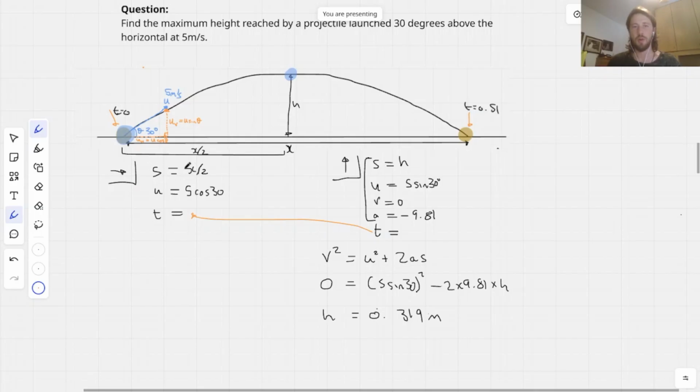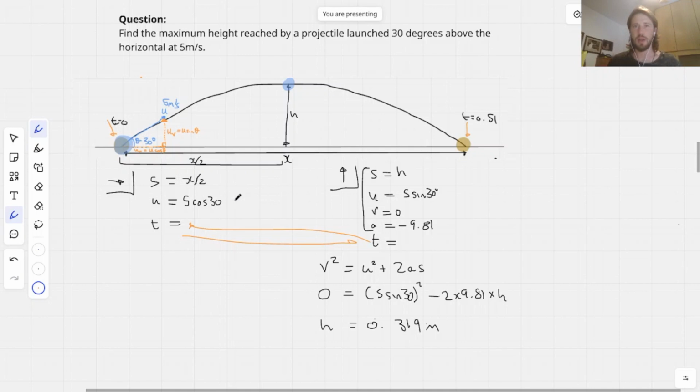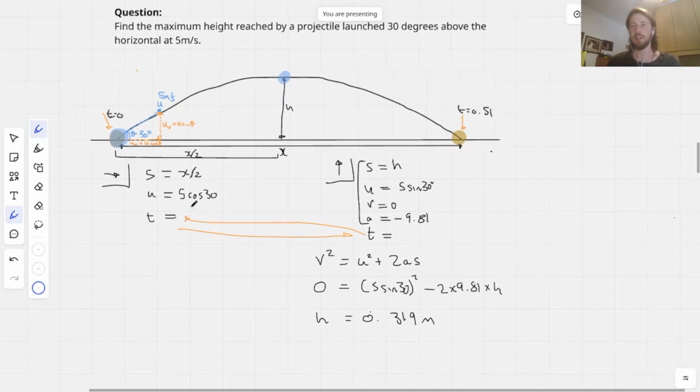Or we could have already known x over 2, found the time, popped it back there, and figured out something like that. So it's always good to just write everything you know if it doesn't take you too much time, because then you know what information you have to deal with.